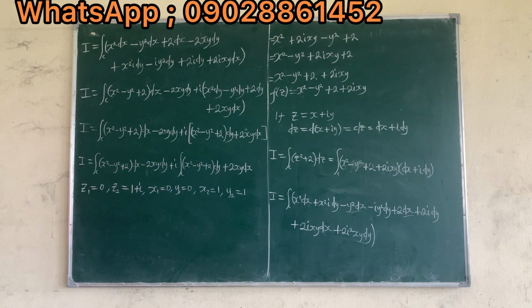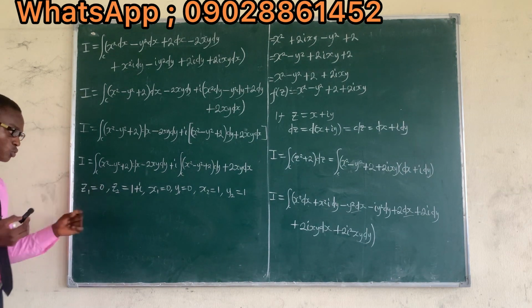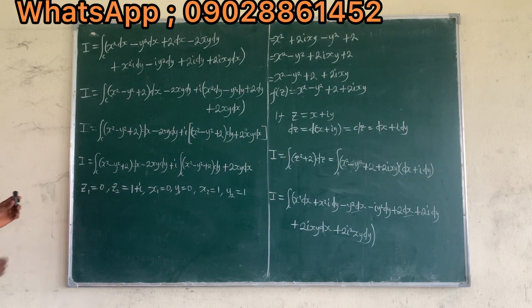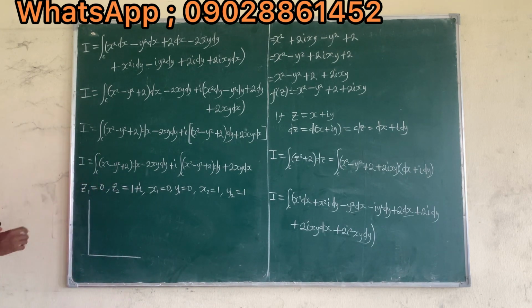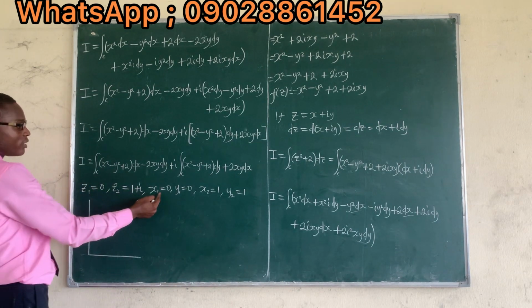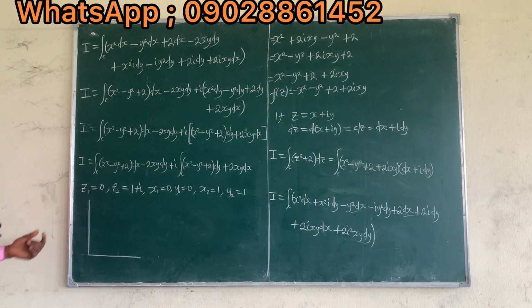But don't forget that the question tells us that C is a straight line joining z1 and z2. So we can actually graph this on the plane. If x1 is 0 and y1 is 0, it's simply telling us that the point is at the origin.